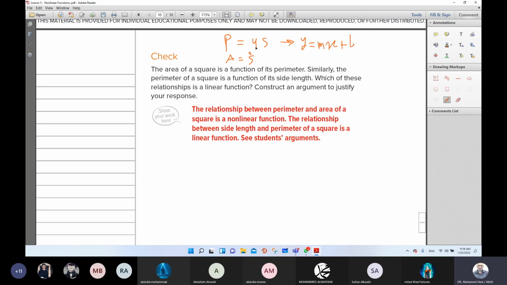As you see here, m is 4 and x is s, and the value of b here will be 0. But in this equation we have squared. So here we cannot write this equation as y equal mx plus b. So the first function is linear, the second function is not linear. So the relationship between the side length and area of a square is a nonlinear function. The relationship between side length and perimeter of a square is a linear function.